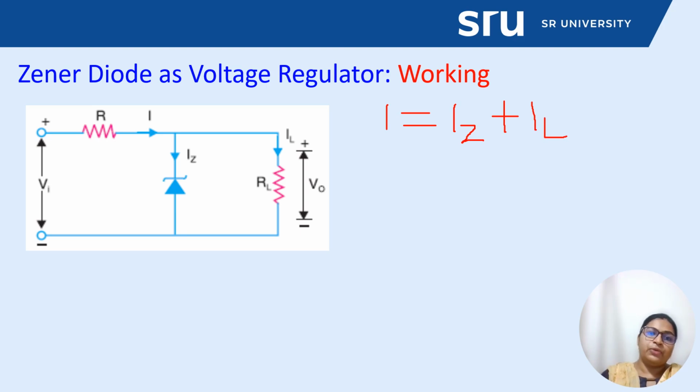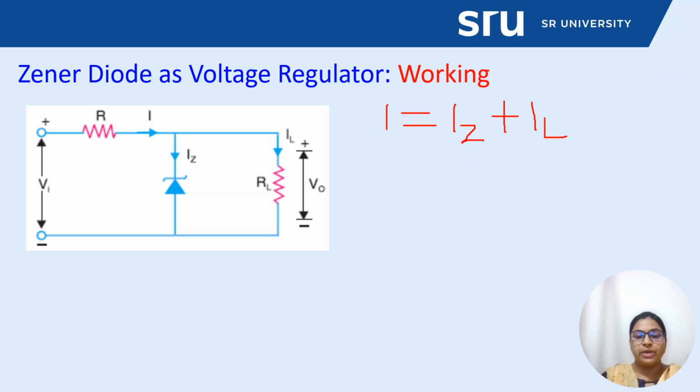And we know that V is equal to IR by Ohm's law. So V naught will be equal to IL multiplied by RL. Also V naught, that is basically what we are giving as the input voltage VI minus IR.